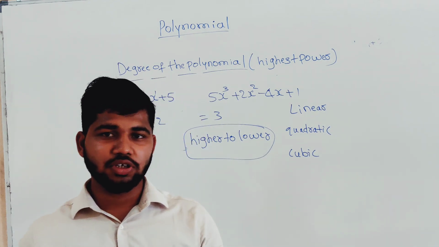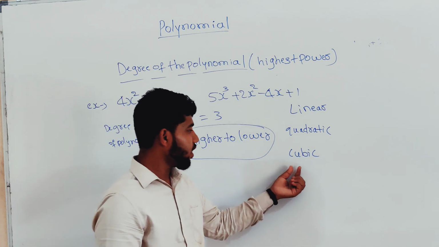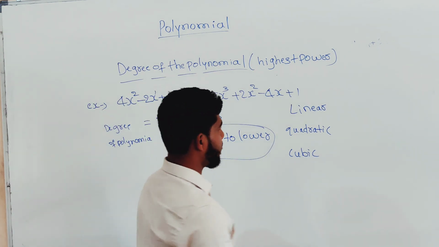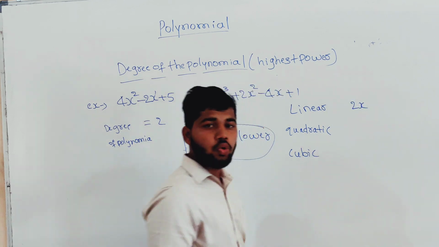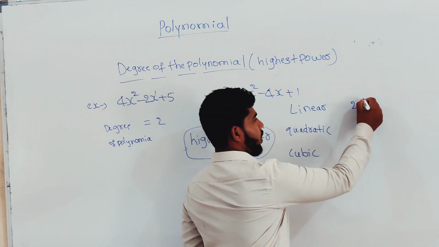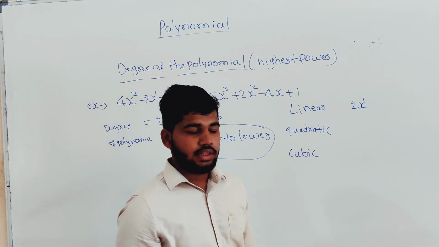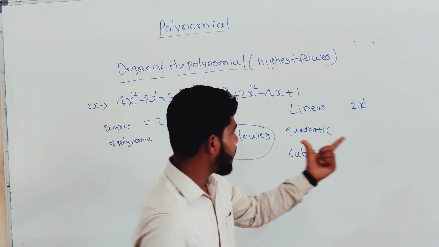The degree of the polynomial gives three types: linear type, quadratic type and cubic type. Here, 2x. What is the power of x? The power of x is 1. The term which contains the power 1 is said to be linear.